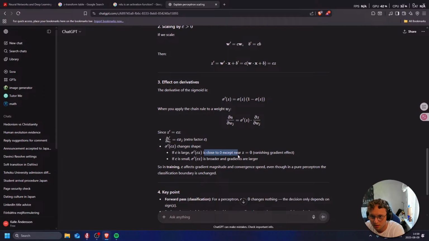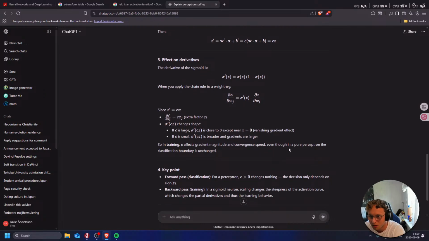If c is large, the derivative is close to 0 except near the center, giving vanishing gradients. If c is small, the sigmoid derivative is broader and gradients are larger. So in training, c affects gradient magnitude and convergence speed, even though in a pure perceptron the classification boundary is unchanged.